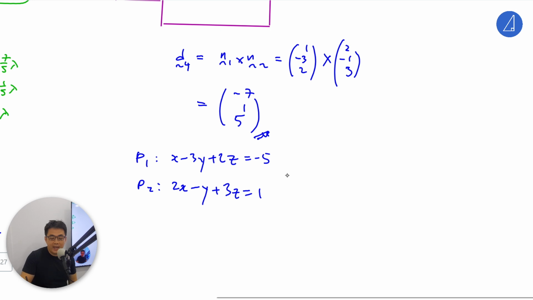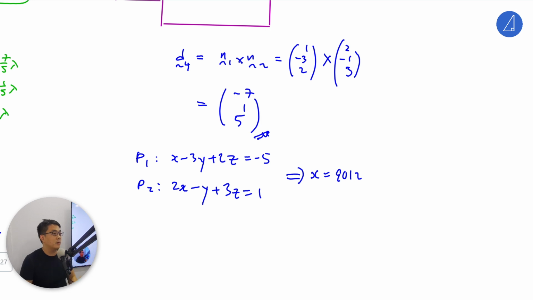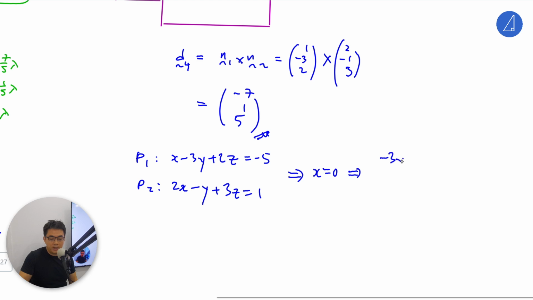So I can let anything, like say today you're happy and you like the number 9012. You can let x be 9012 and then solve for y and z simultaneously. I repeat, you can pick any number. The easiest way is letting x equal 0.